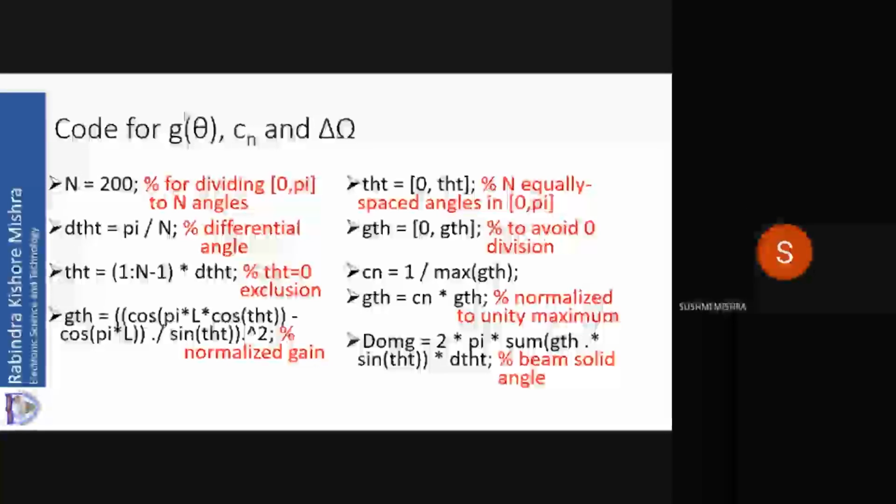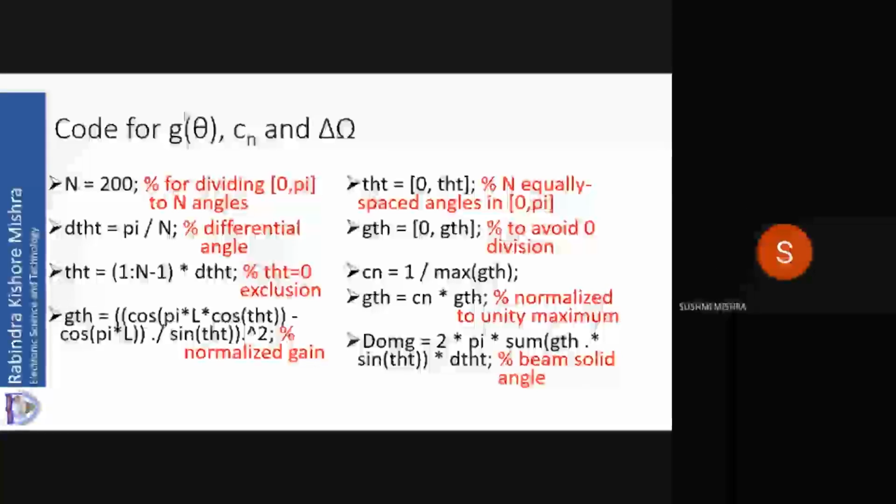Then we know what is the value of Cn. Cn is equal to 1 upon maximum value of GTST. So find out what is the maximum value of GTST. That is what I am doing. So max GTST is a function in MATLAB. Max is a function. So max of a matrix always gives you the maximum value in the matrix, or max of a column gives you the maximum value in a column.